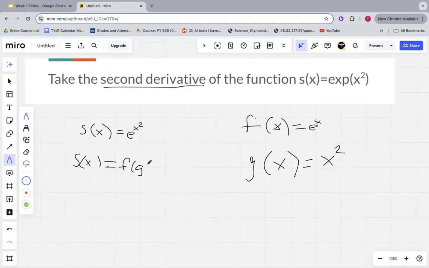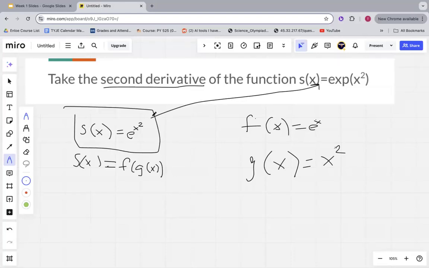So we're plugging g of x into f of x. The exp stands for exponential. I rewrote the function here, so this and that mean the exact same thing.